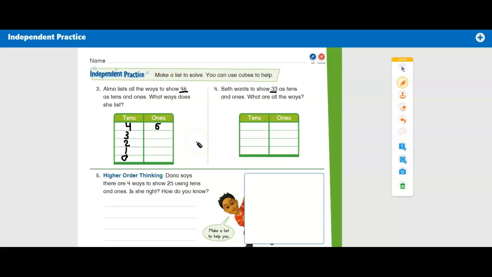We want to show the number 33 4 different ways on number 4. Pause the video now to work on number 4. When you press play, we will begin working on number 5.